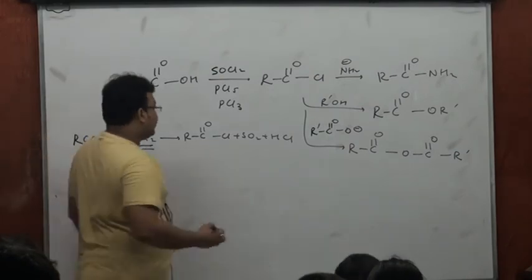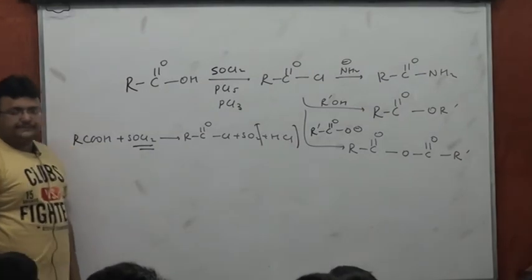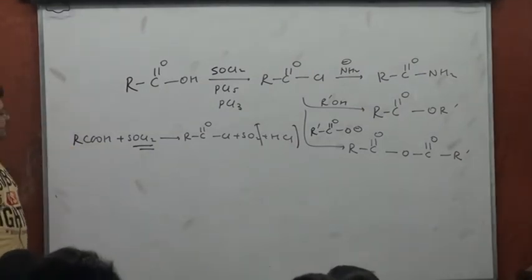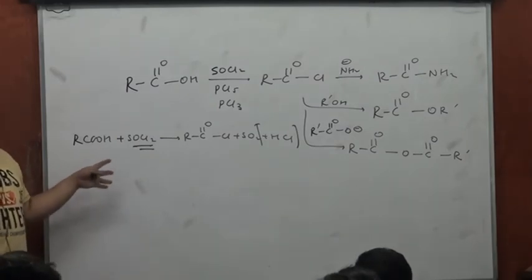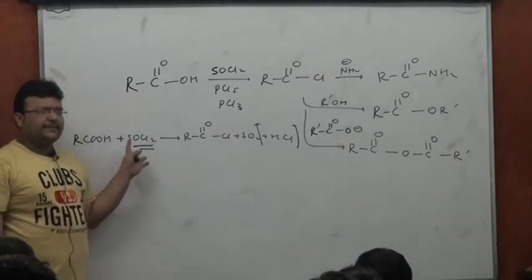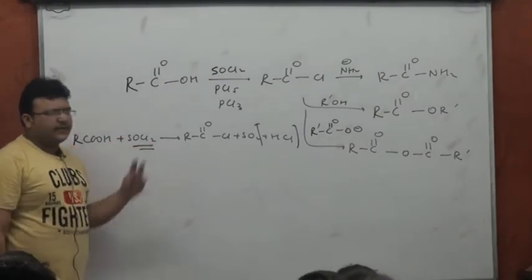Because the byproducts are gaseous too. Sulfur dioxide and HCl will go out. I don't know if it's a common school question also, because in different batches, I've found people always answering it. SOCl2 is a good reagent out of the three, because the byproducts are gaseous.